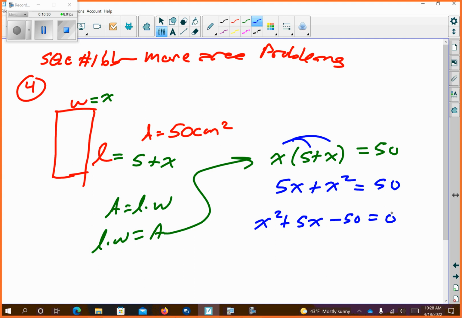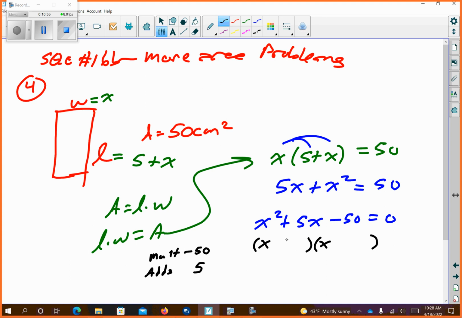Okay? Now, I think we can factor this quickly without having to use a quadratic formula or our secret way, because we're looking for what multiplies to give me negative 50, but adds to give me positive 5. 10 and 5? Do you agree with 10 and 5?